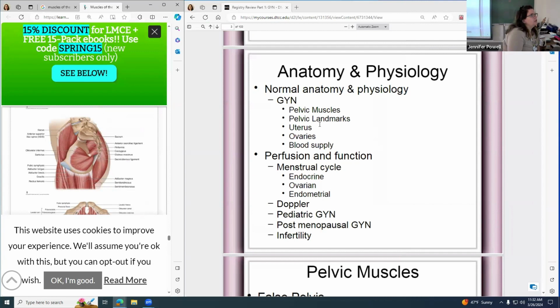Pelvic landmarks being the pubic symphysis, which is the bone anterior to the bladder. A lot of times you have to be way low, like way down at that bone level to see the uterus, or the cervix, and then you also have your uterus and your cervix and your ovaries and your blood supply.